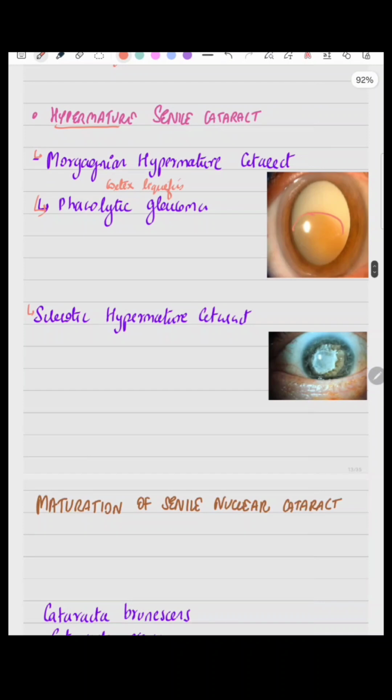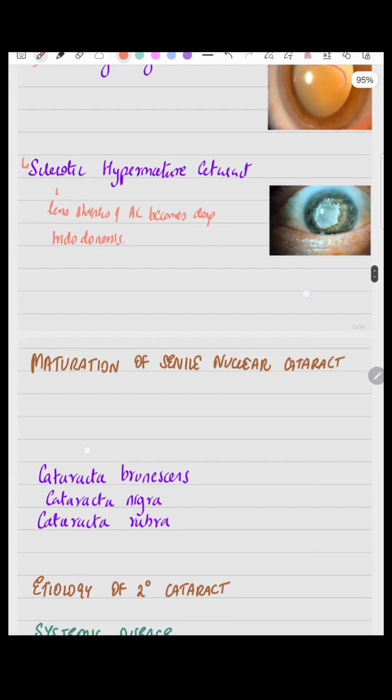Or there can be sclerotic hypermature cataract. Here the lens shrinks and the anterior chamber becomes deep. There is iridodonesis, that is tremulousness of the iris.